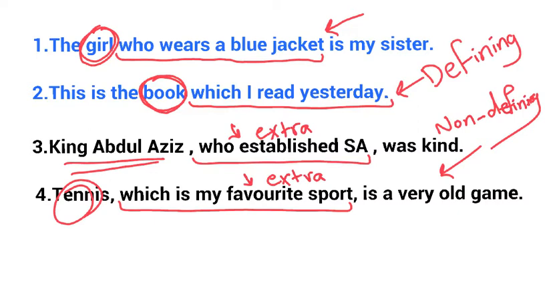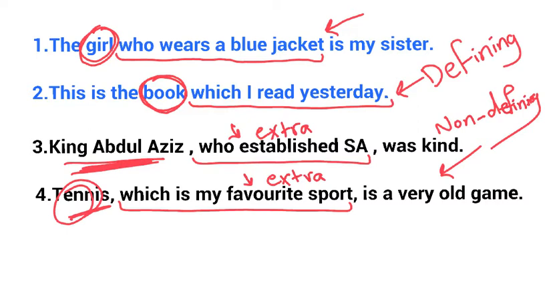Why is it non-defining? Because it does not define the noun that comes before it. Because we know who King Abdulaziz is and what tennis is. So it's just giving extra information.